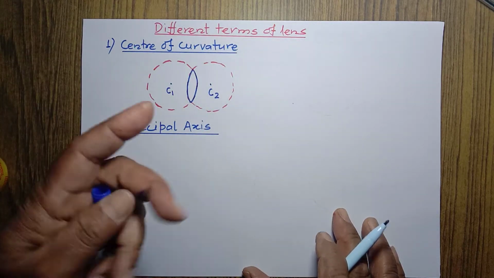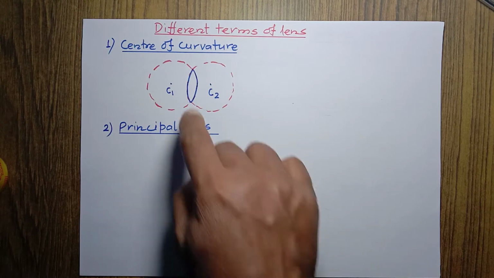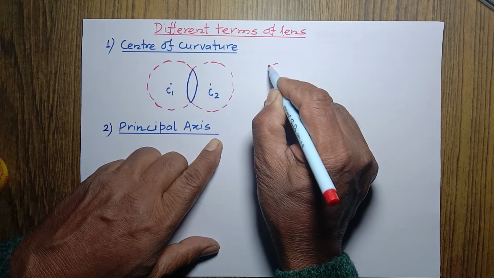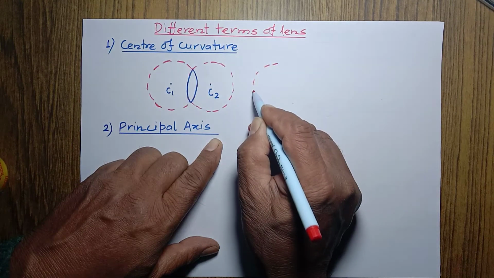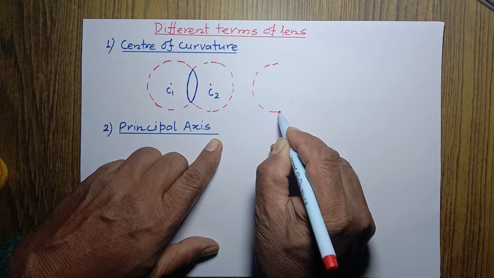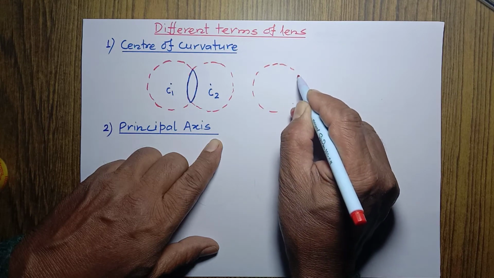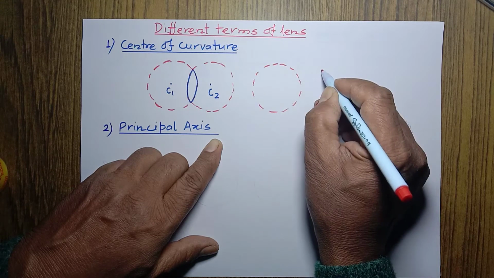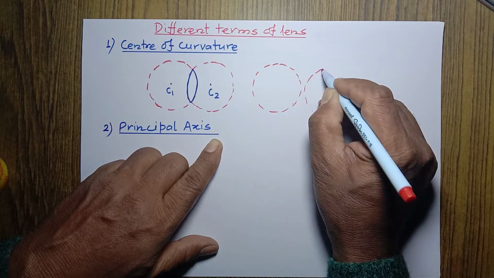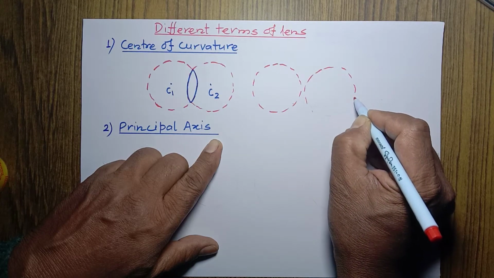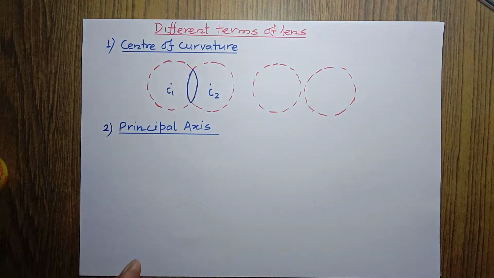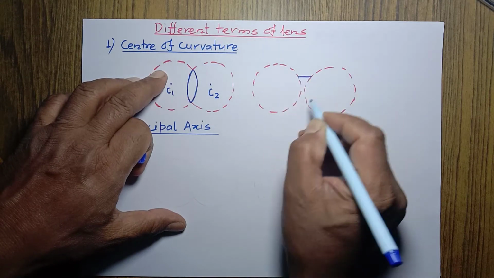In the same way, let's talk about the concave lens also. Look at this, a glass sphere, and here in the middle, let's say we have a concave lens.